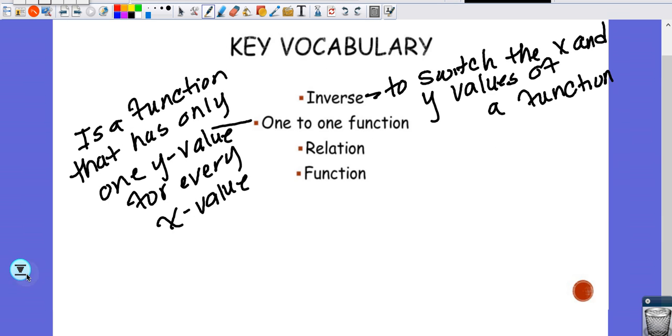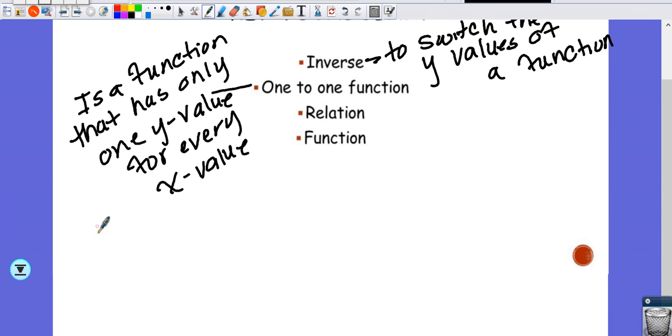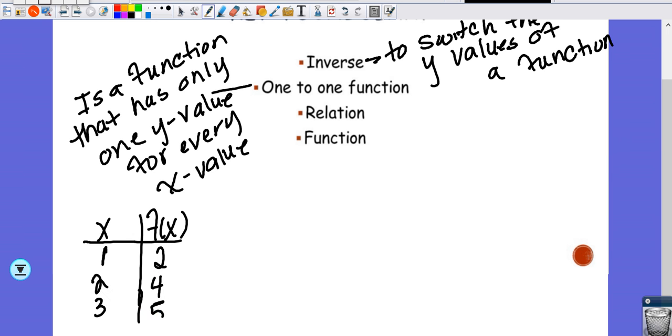So let's say I gave you this relation, and I'm going to just put it in chart form for you. And f of x is the same as y. 1, 2, 3, and I go 2, 4, 5. So first, you have to check if it's a function.